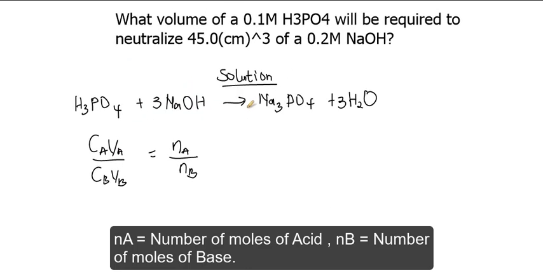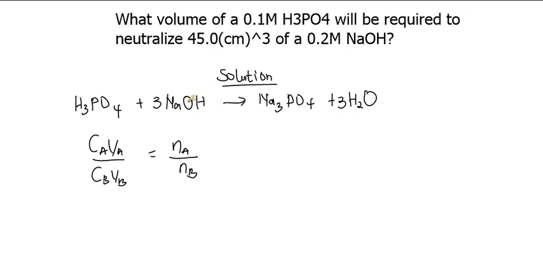So let's proceed. From the question, Ca is known to be 0.1 molar. That is the concentration of acid. So Ca equals 0.1 molar. Then Va, from the question, Va is unknown because the question says what volume of a 0.1 molar phosphoric acid.